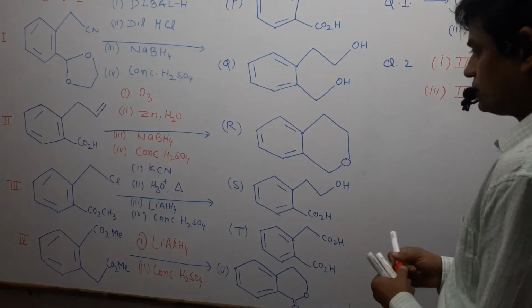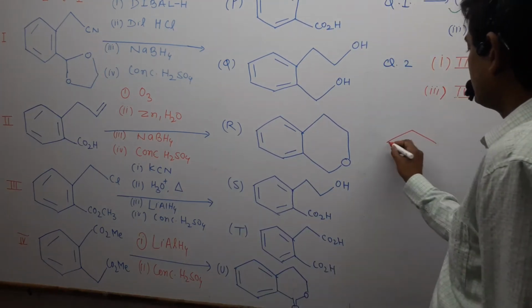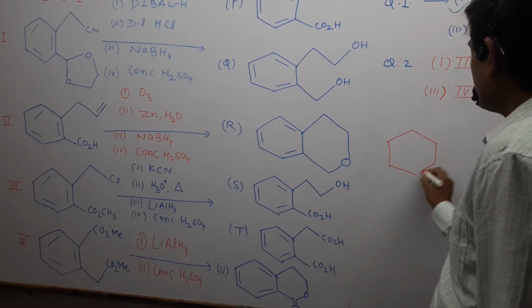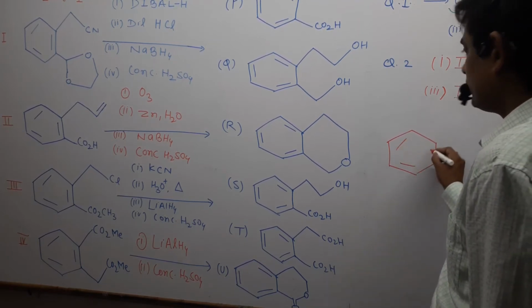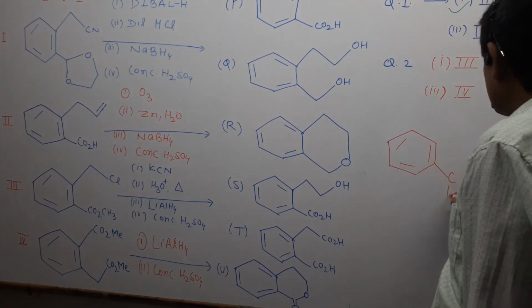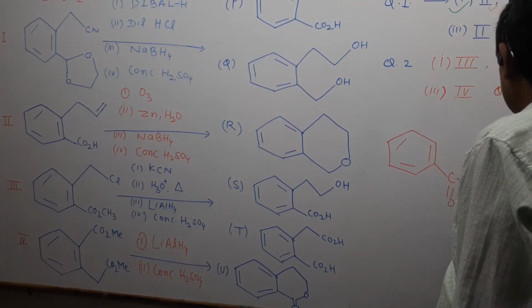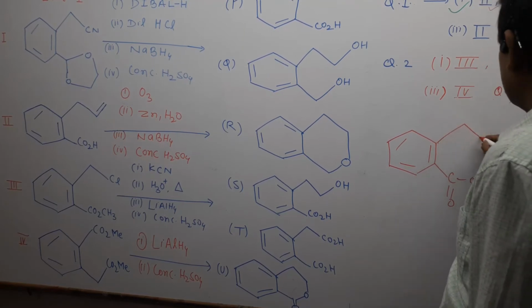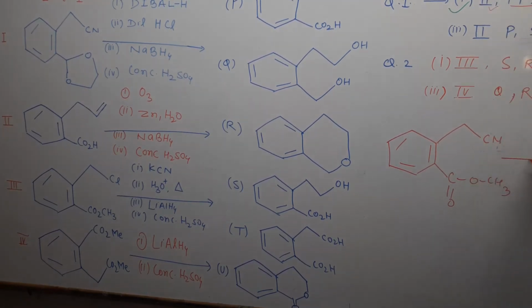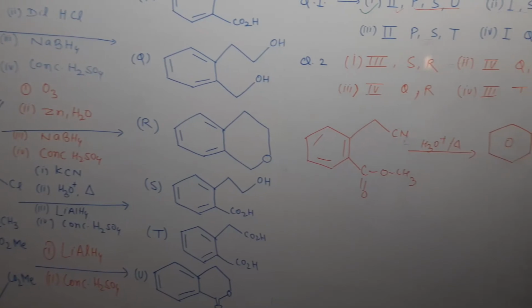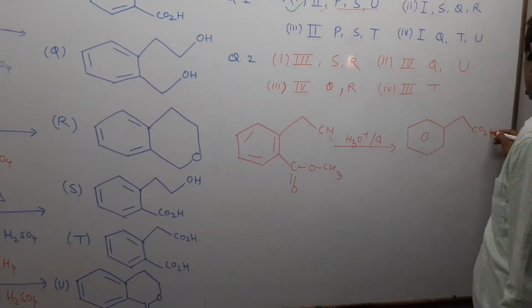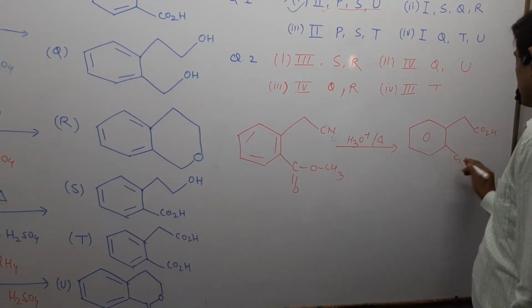So we have here a nitrile group. This is ester and this one is nitrile group. Now when we go to hydrolysis, this nitrile group converts into a carboxylic group. So this will provide a carboxylic group. This will remain as it is.